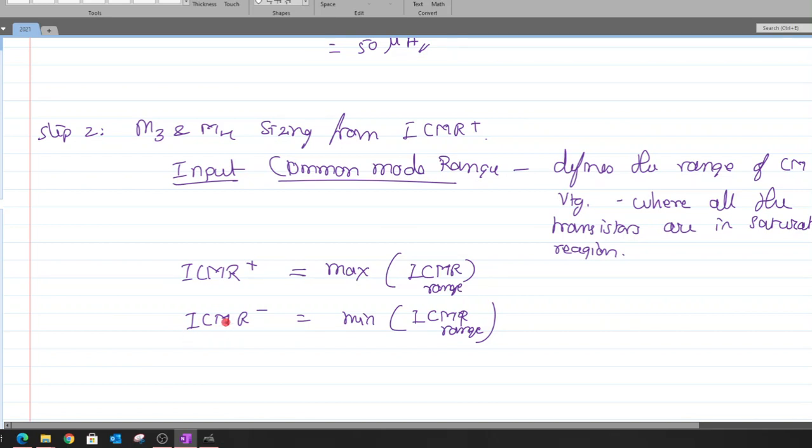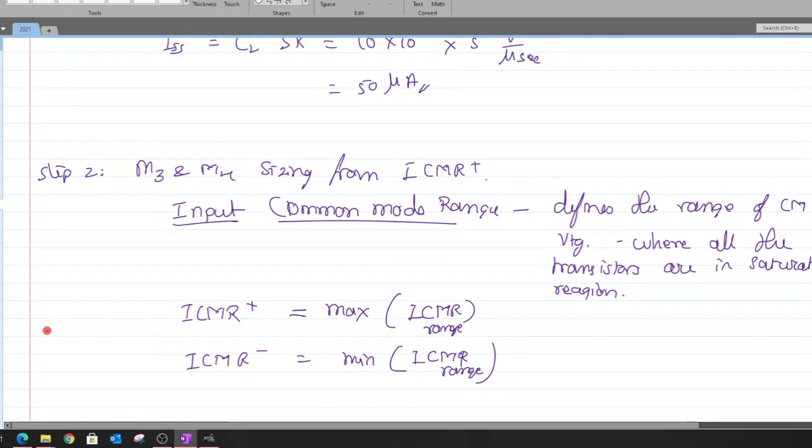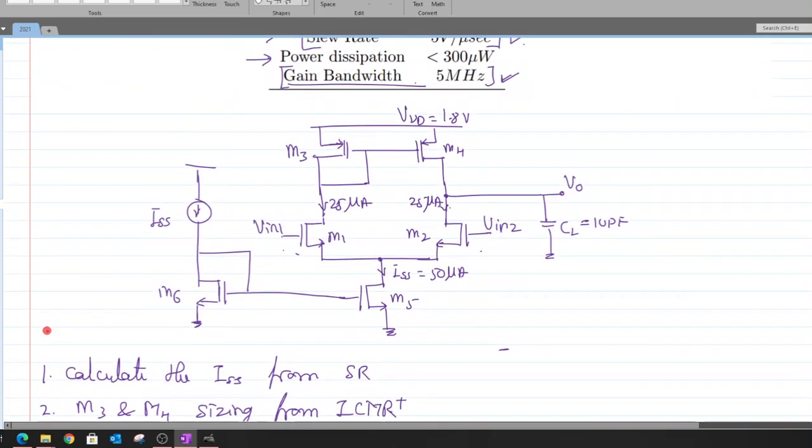So now what we will do is we will just use the definition of this ICMR plus. It's all about this input common mode voltage that has been applied to the gates of M1 and M2, right? So we know that whenever we raise this input voltage, because it's a common mode input voltage, there is no VID that we are considering here.